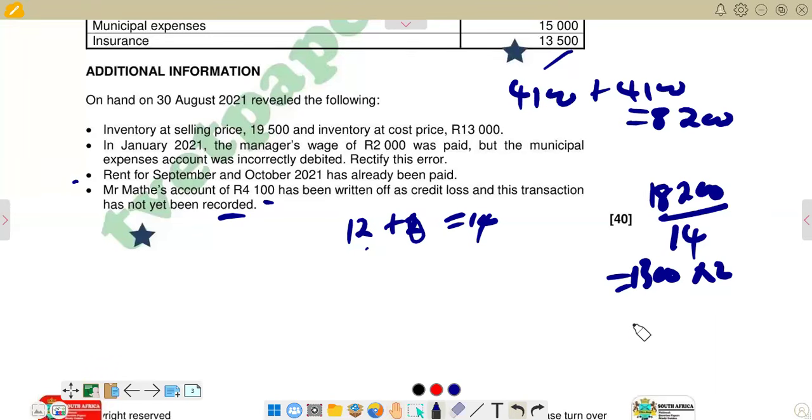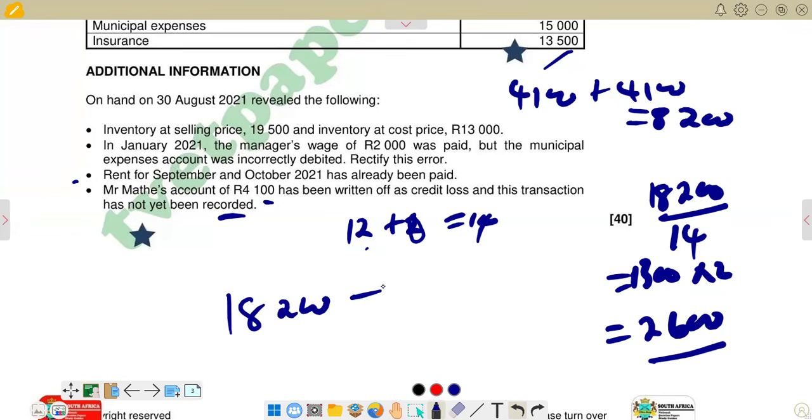So there, if you multiply by 2, you are going to get 2,600. This 2,600 represents the prepayment. To get the actual rent for the period, you're now saying 18,200 minus 2,600. We are going to summarize it as such in the answer section.